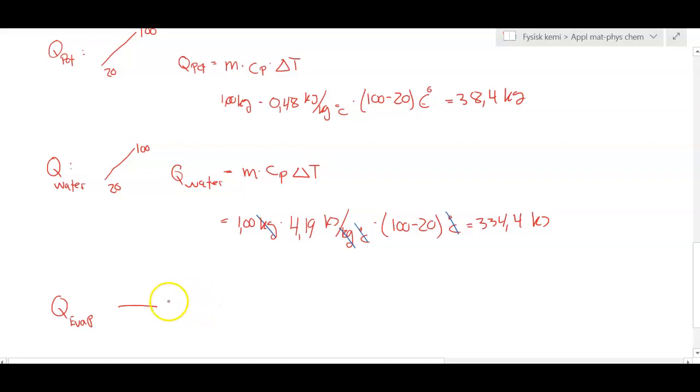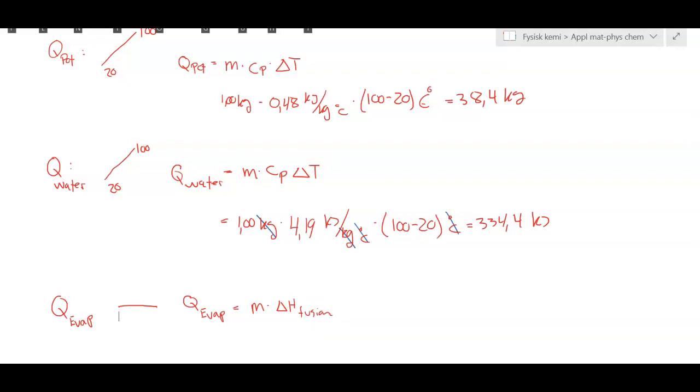So there is no temperature change here. So Q evap equals mass of water times the latent heat of fusion. And those are also table values.